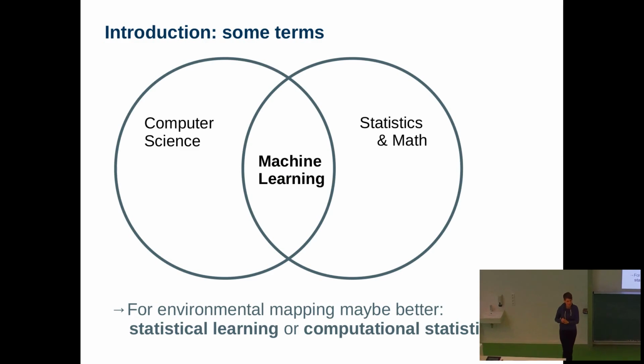It seemed to be a bit of a shift in paradigm. So machine learning is something on the intersection of computer science, statistics and math. And I actually prefer to talk about statistical learning because everything also has a mathematical background. People really did the math behind it, so it's not just out of algorithms.